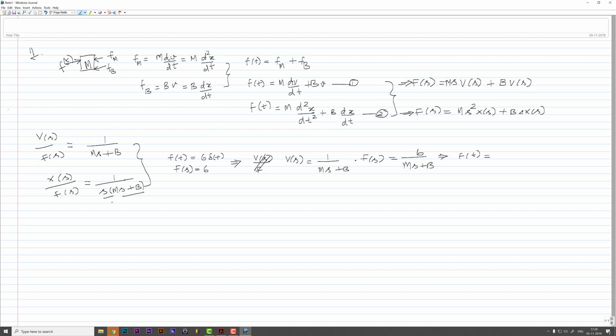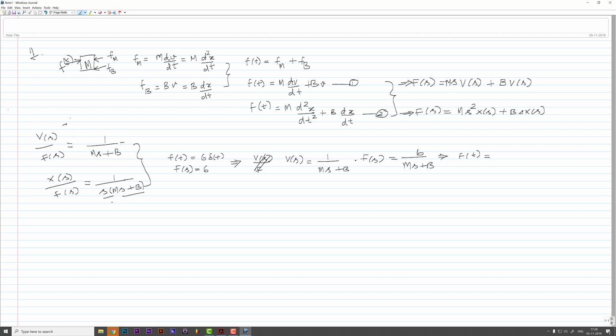And the last part of the question is to find the time constant and final steady state displacement and velocity.